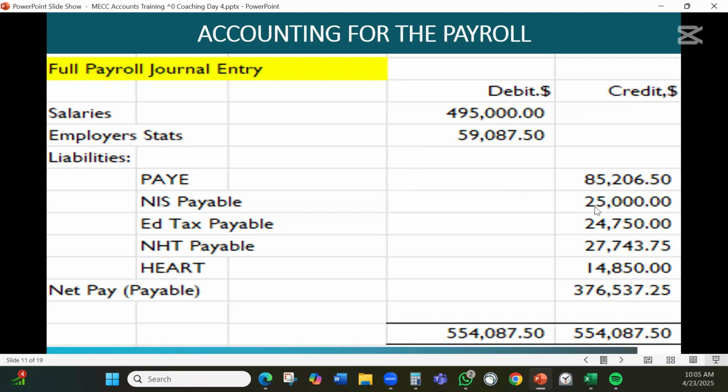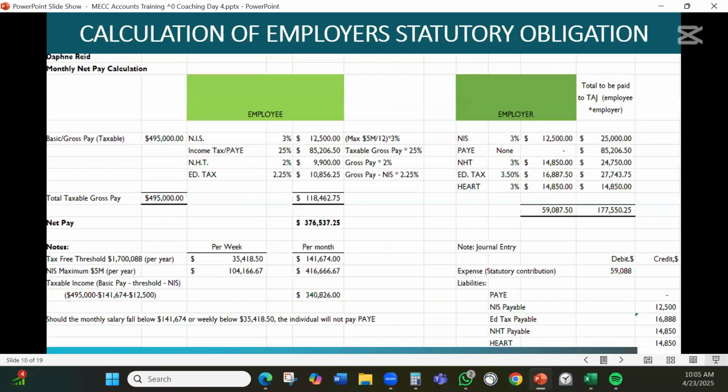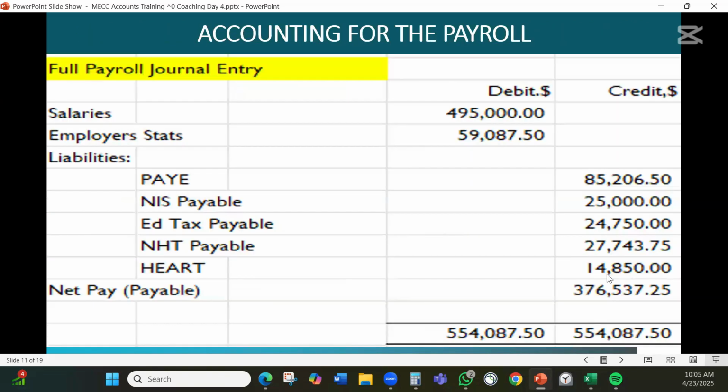And then this now would be the total obligation. We have the 85,000, all of these I had worked out here. So it is this entire 177 now that we have to journalize. So it's $85,000 total for PAYE, NIS total, education tax total, NHT total, and the 14,000 total.